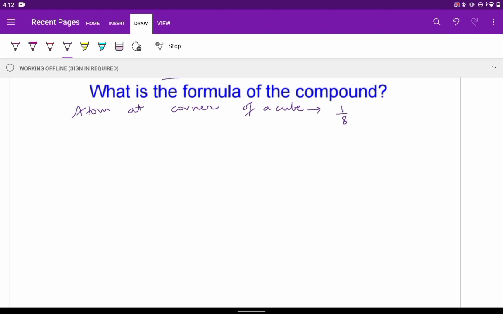Then the number of atoms of A in one unit cell will be 8 into 1/8, that is equal to 1, because one atom will be contributing 1/8. So total will be 8 into 1/8, that is equal to 1.